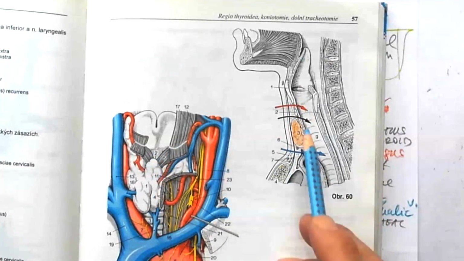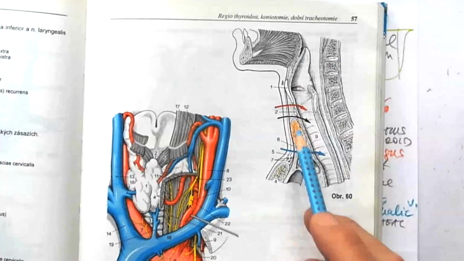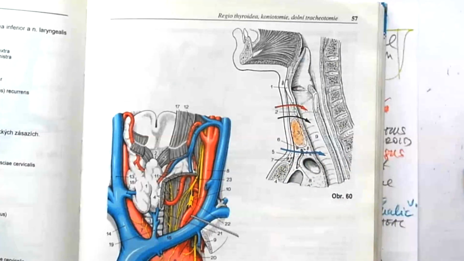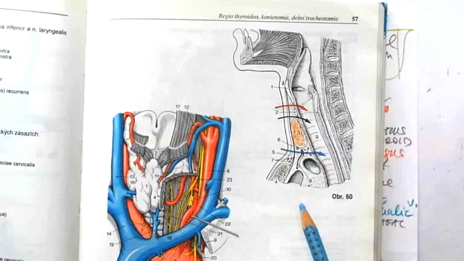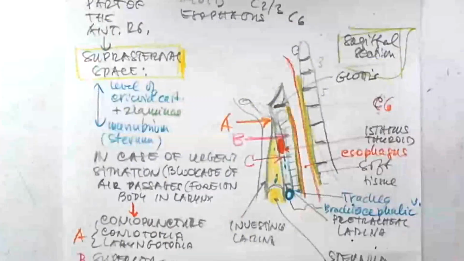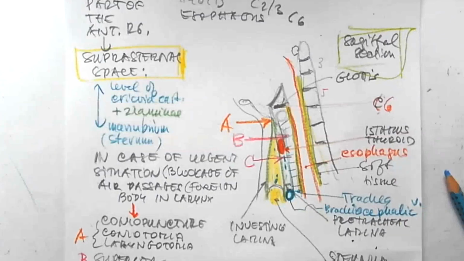And then above the isthmus of the gland, or below the isthmus of the gland, the incision of the skin and then perforation is completely under control of the surgeon, because there are many structures. The inferior tracheotomia is complicated. So we know everything about that.